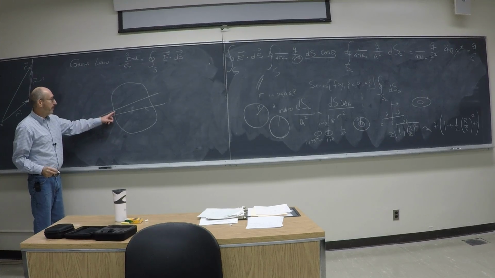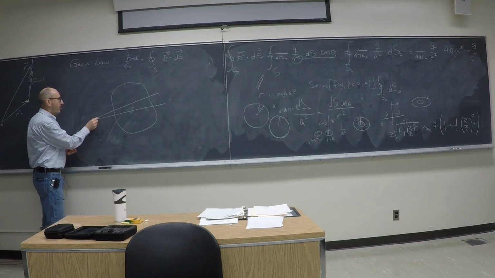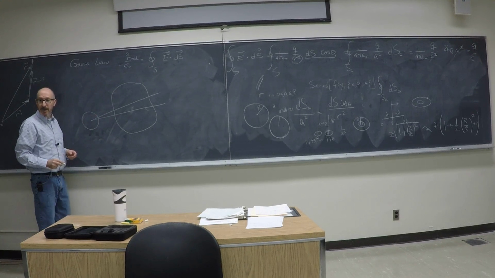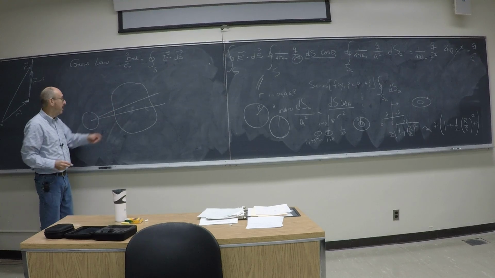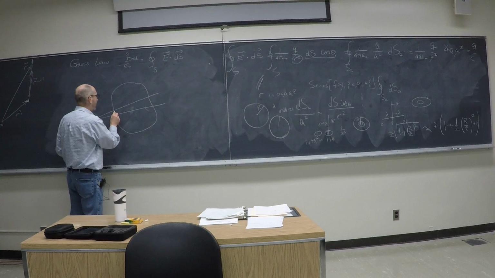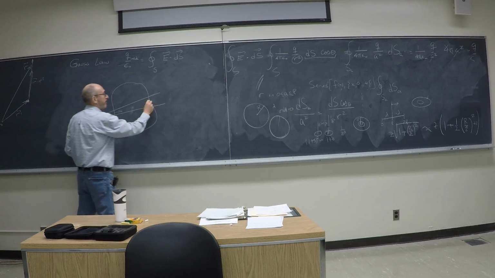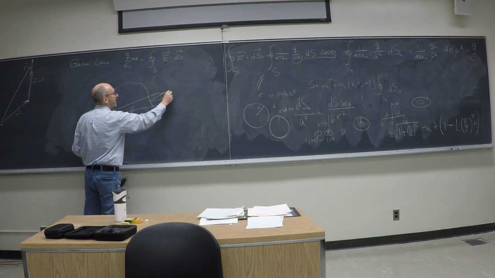So both those patches that I just built are going to have the same contribution on the sphere, right? I'm going to see them the same way. But now, over here, the electric field is going to be like that, and the patch of surface is going to be this way.